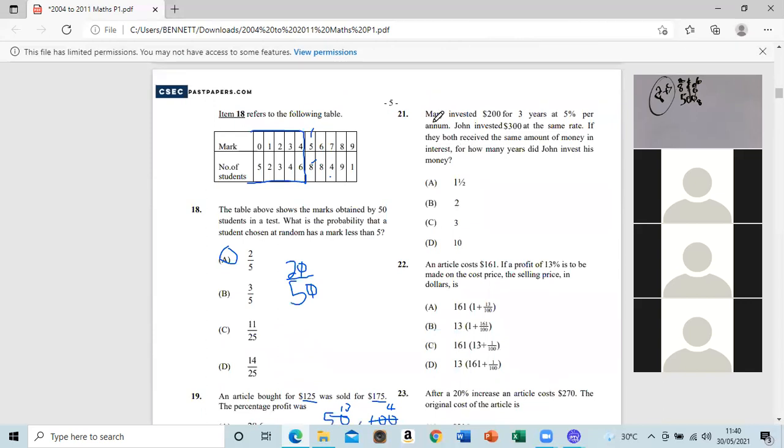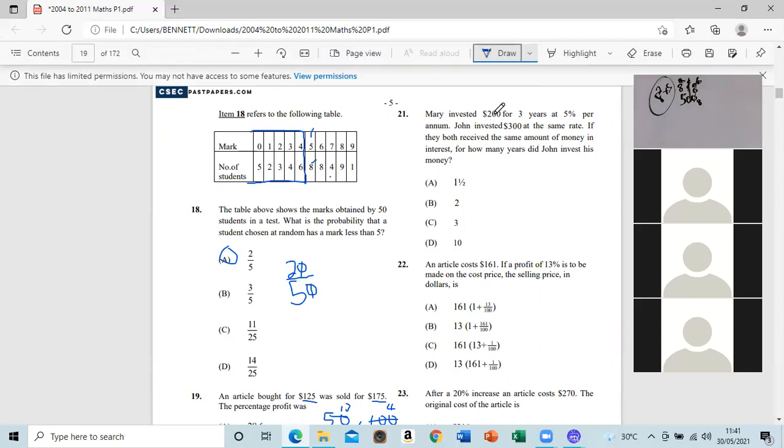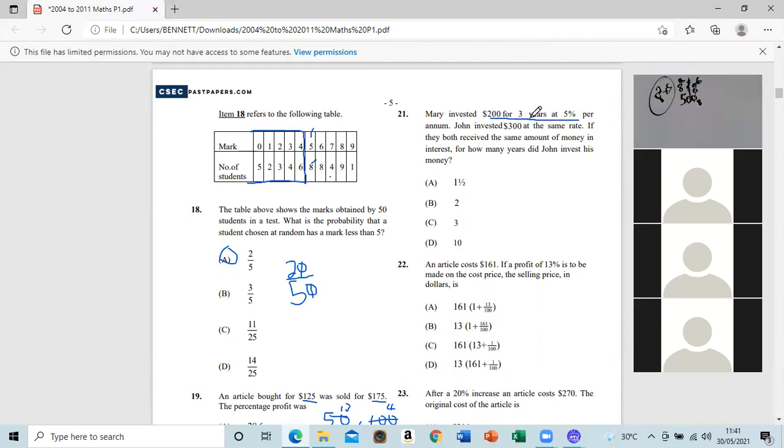All right, Mary invested $200 for 3 years at 5% per annum. John invested $300 at the same rate. If they both receive the same amount of money in interest, how many years did John invest his money? So they give all of the information here. So you have to go find out how much.